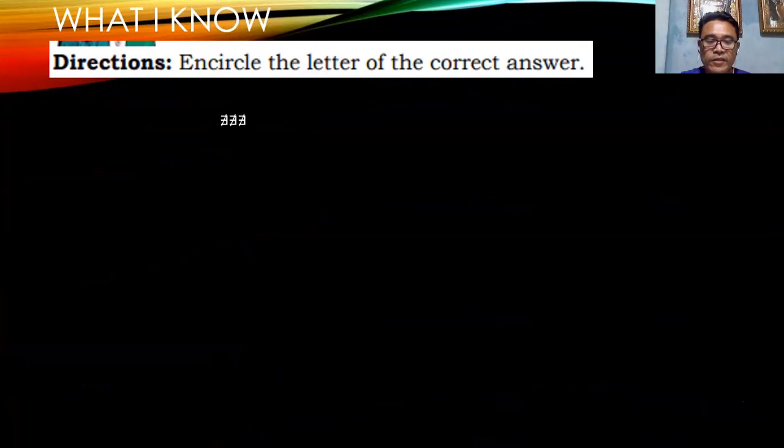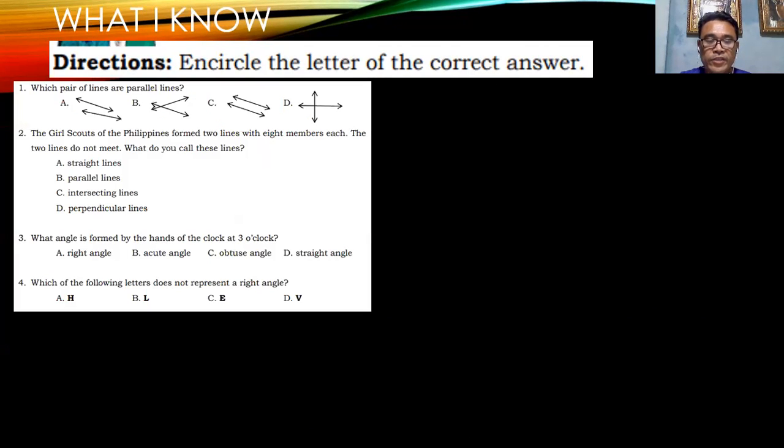Let us answer these review questions by encircling the letter of the correct answer using your modules. Let's start with number 1. Which pair of lines are parallel lines? A, B, C, or D?